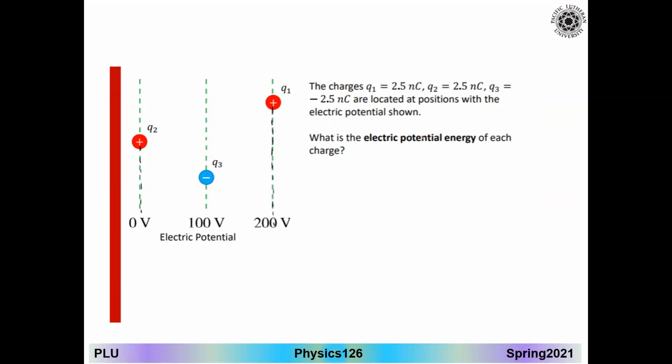We're asked to find the electric potential energy for every charge. So let's start with charge number 1. We need to identify the electric potential energy, which we call U electrical 1.